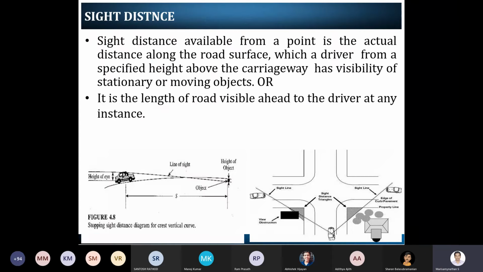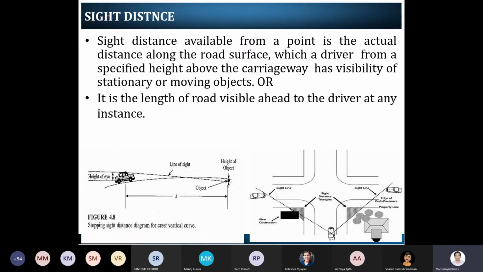Straightforward term. For example, assume that you are traveling on a particular road. Suddenly, you see one object. It might be a tree or some tram, or an opposite vehicle is coming. At the point where you observe that particular object, there is a chance of an accident with that object.